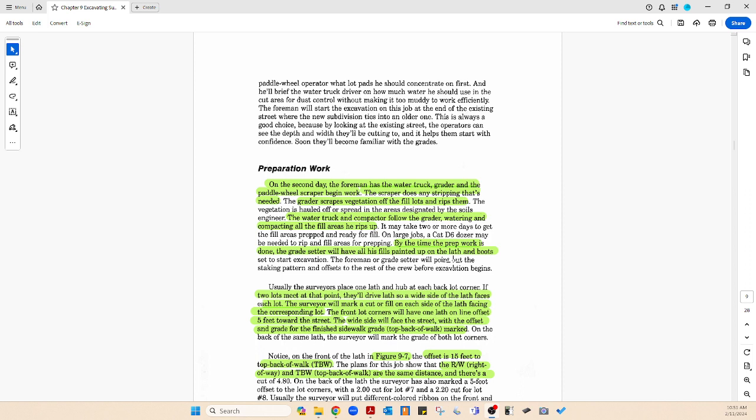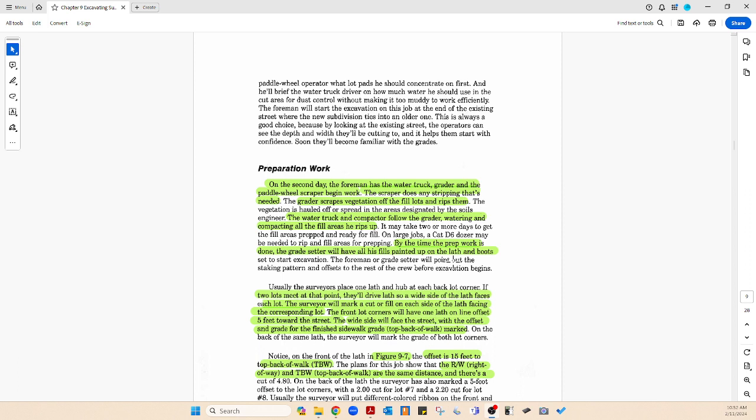Now what he's doing is he's spray painting. When a survey crew sets out a subdivision, you're going to have the surveyor stakes, and usually they're marking finish grade, and then the grade setter is going to put his stake right beside the surveyor stake in most cases, and he'll probably mark a boot. But what he's also going to do is take that spray paint and spray up his lath to a point where the grade is at the top of that, and usually orange paint.